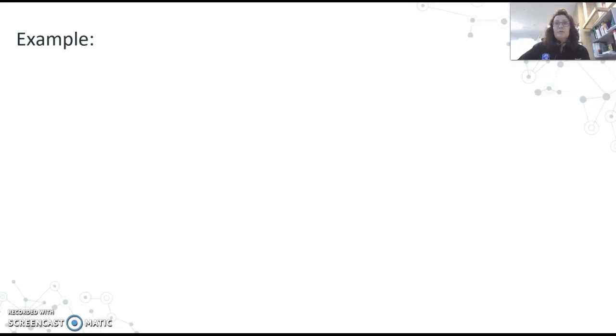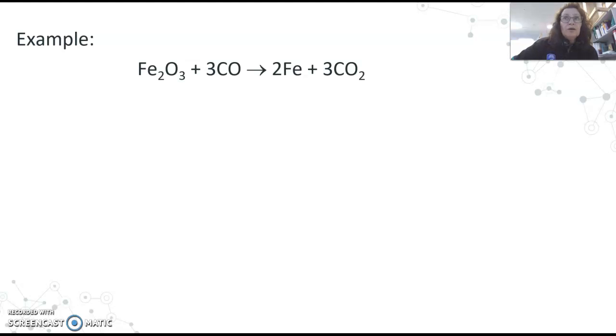Let's have a look at some examples. I've got iron oxide, okay? Reacts with carbon monoxide to form iron metal and carbon dioxide gas. What is oxidized? The carbon monoxide is oxidized in that it gains the oxygen.